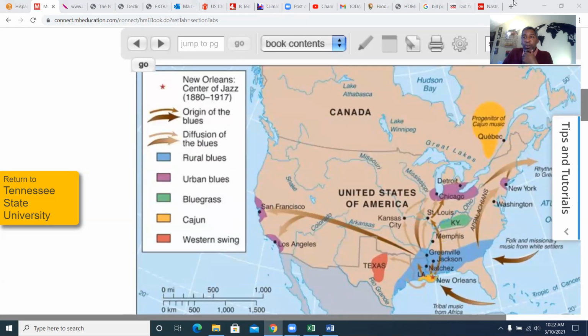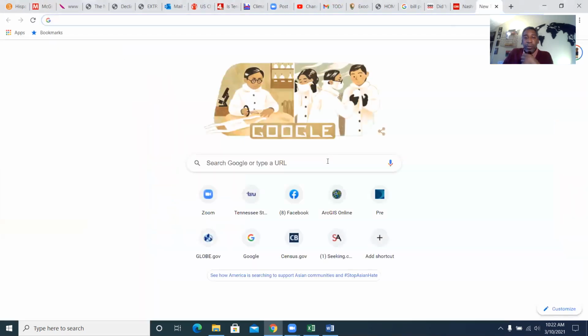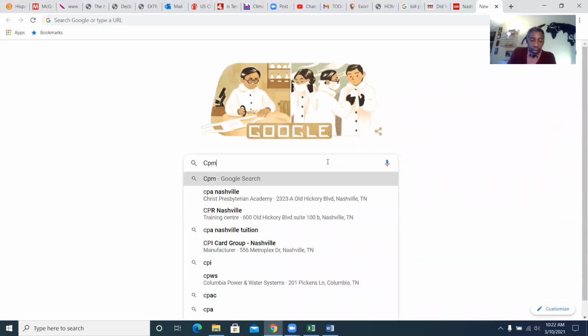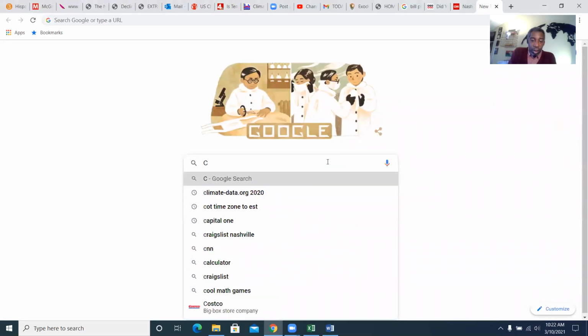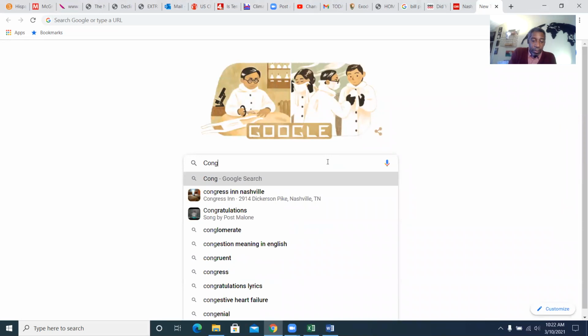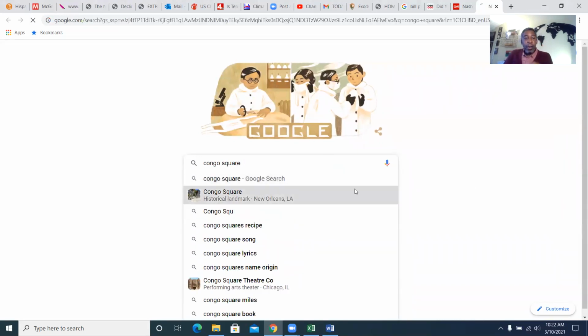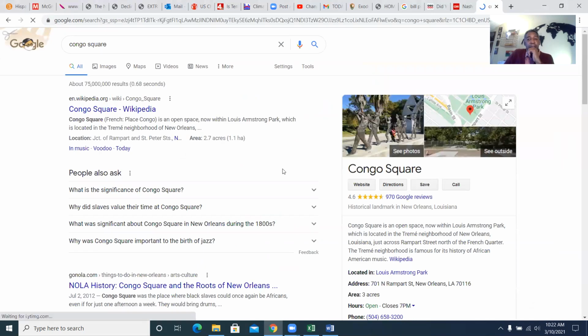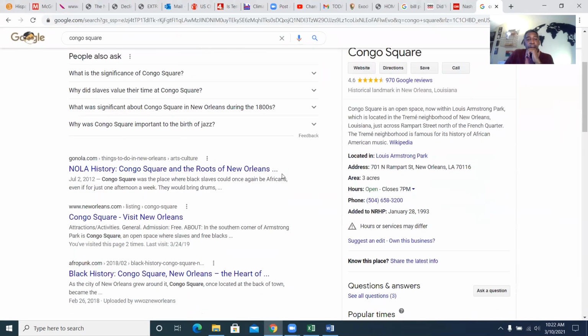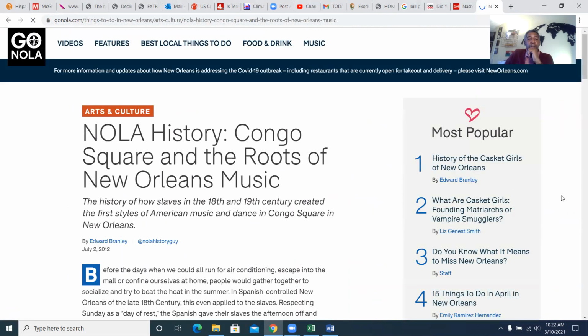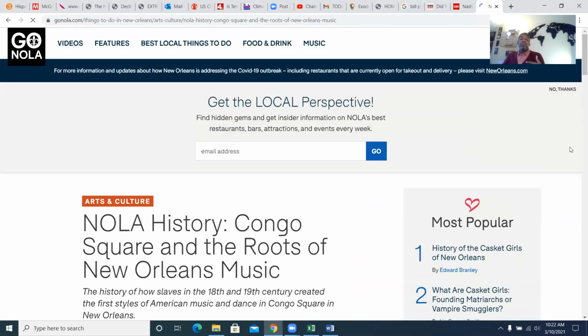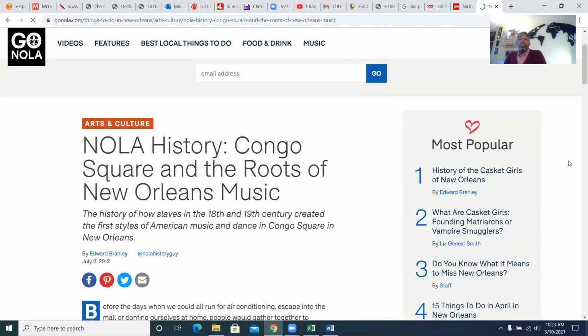Now, if you ever go to New Orleans and you get off of Bourbon Street, there's a place in New Orleans called Congo Square. Congo Square is essentially the birthplace of jazz music and a lot of different genres of music.